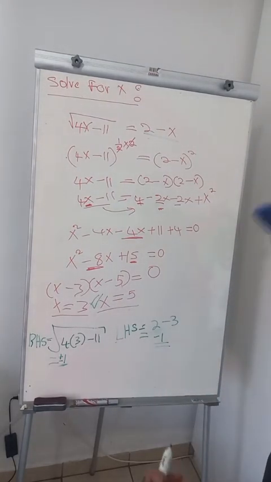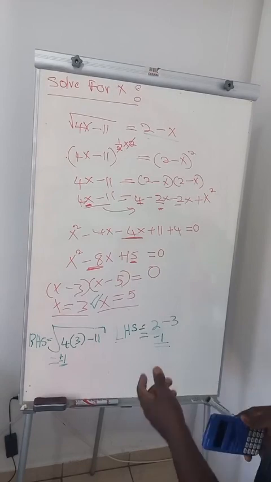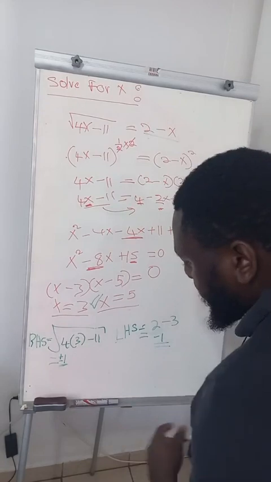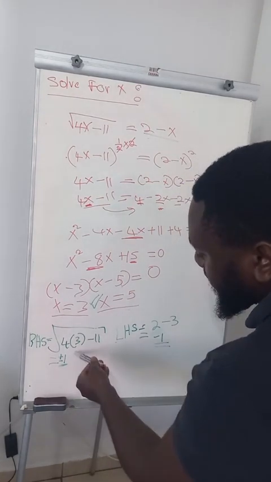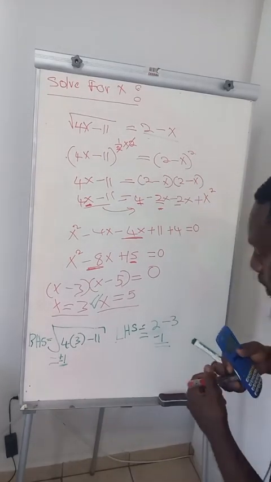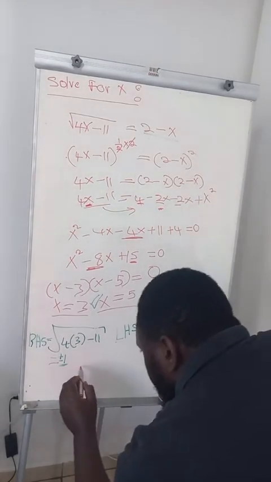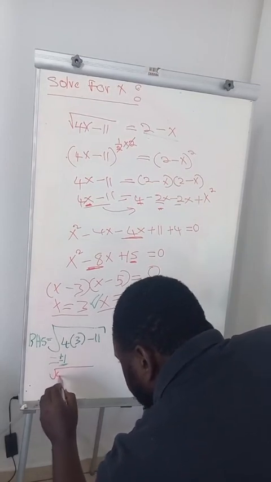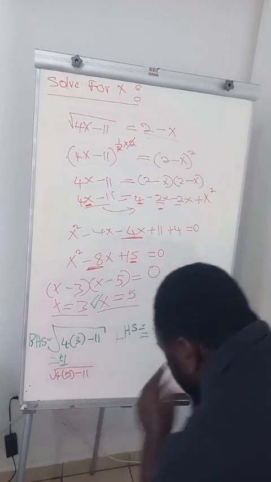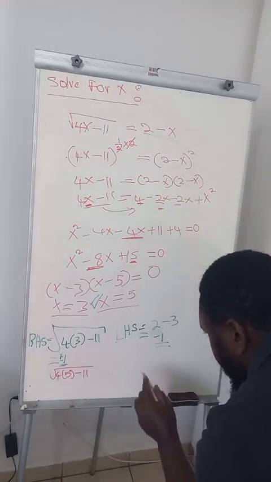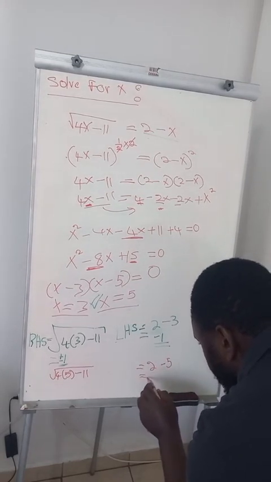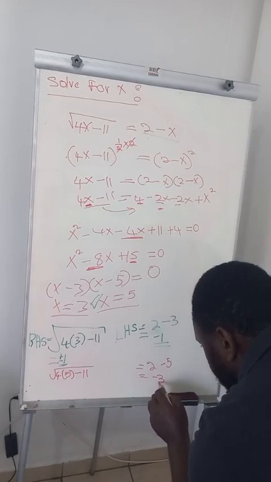Do you get it? So let's test for the 5. Testing for the 5, we do the same thing. Where there's an x, we're placing a 5. So I'll say the square root of 4, and then a 5 here, and then minus 11 here. And then this side, I'll be having 2 minus 5, which will just give me a minus 3.